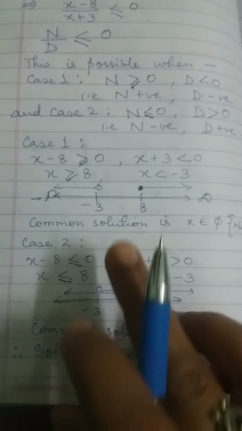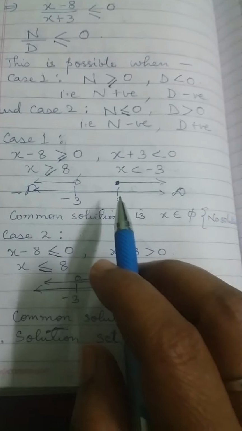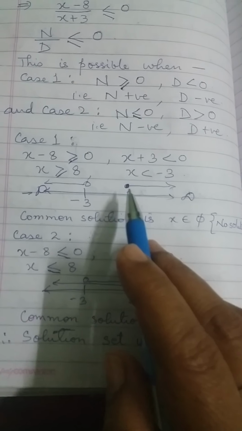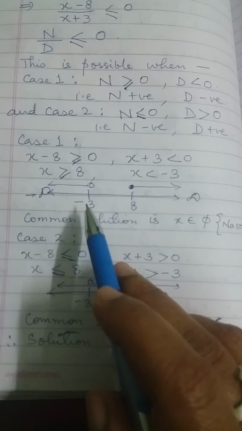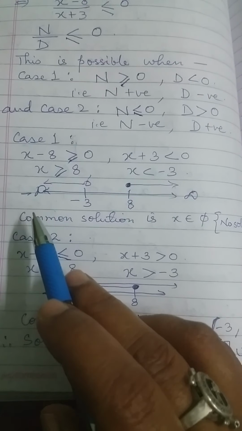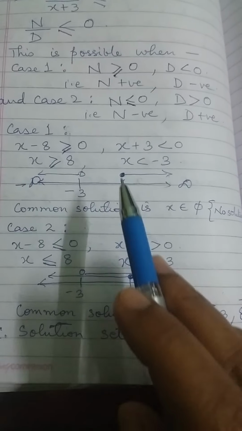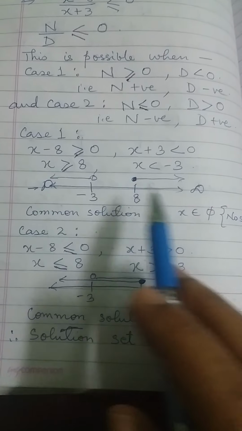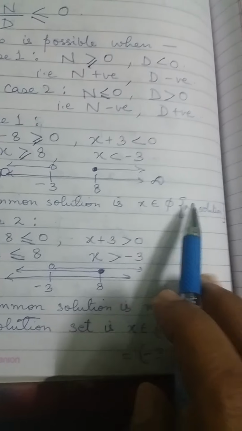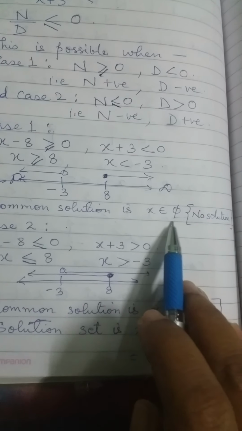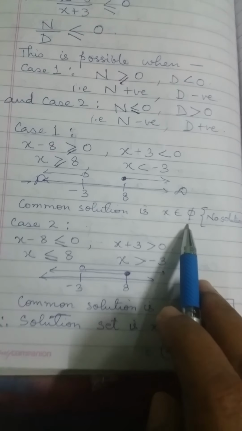Now, x greater than equal to 8 means 8 is included. Included means filled circle and then towards infinity. x less than minus 3, empty circle at minus 3 and then towards minus infinity. So what we notice is that we are not getting any common solution. So if there is no common solution, it means x belongs to phi. Phi means empty set, null set.